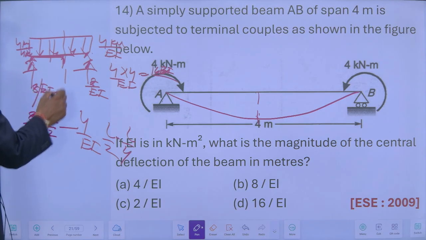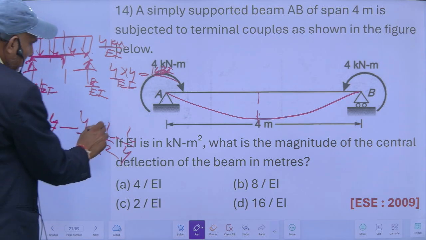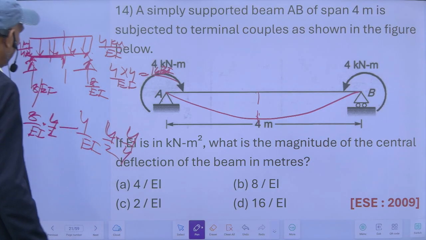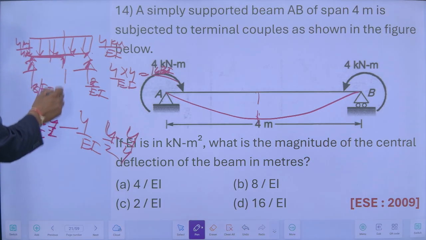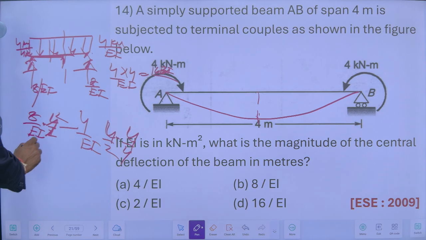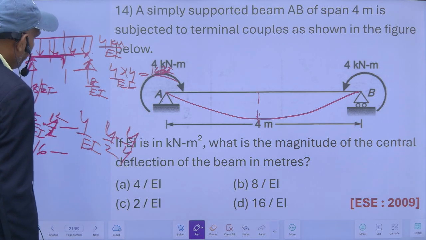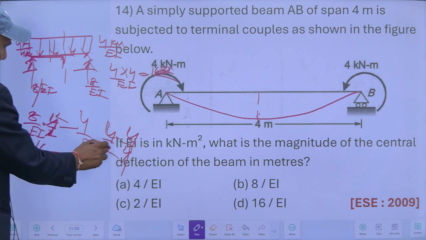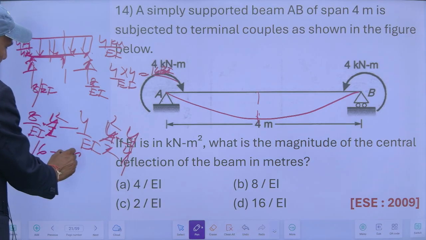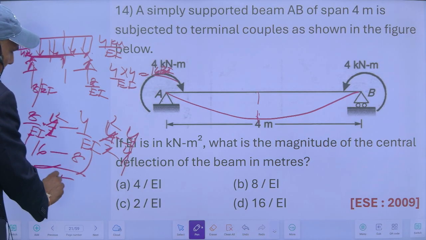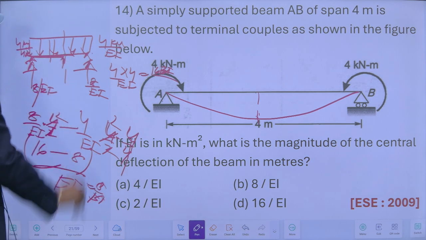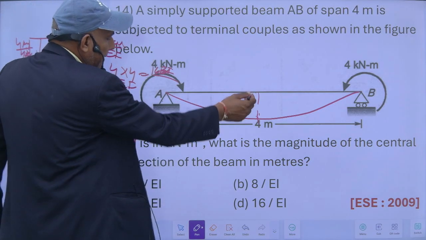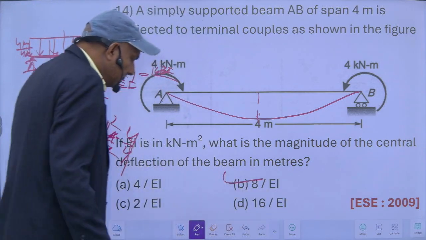Basically this L is 4, so 8 upon EI into 4 by 2 means 2, so this will be 16 minus 8 upon EI. So 8 upon EI is the bending moment in the conjugate beam, which means the deflection of the real beam. So this one is the right answer.